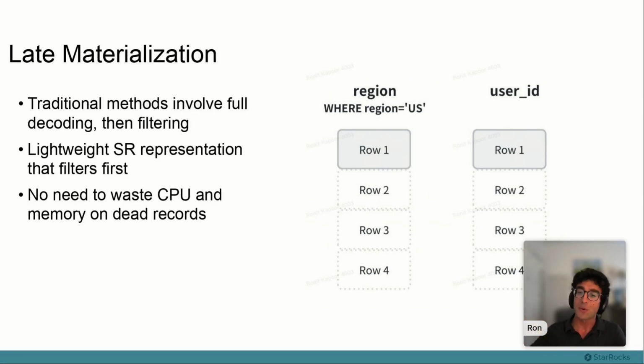And then it could read the user ID field according to the required row number that it just collected. So you don't need to waste CPU and memory on dead records that you wouldn't have used anyway. Those are some examples of how we've additionally helped you save memory and I/O.